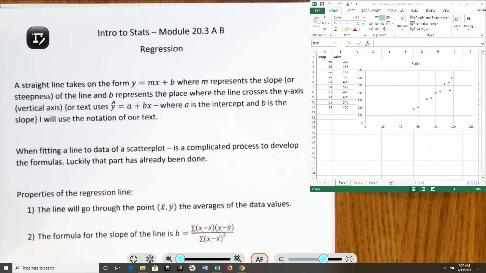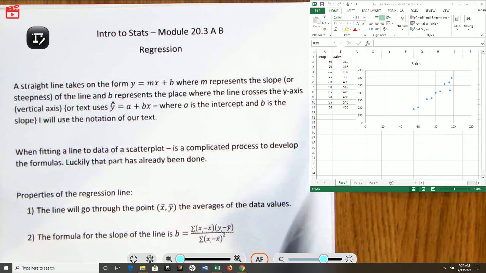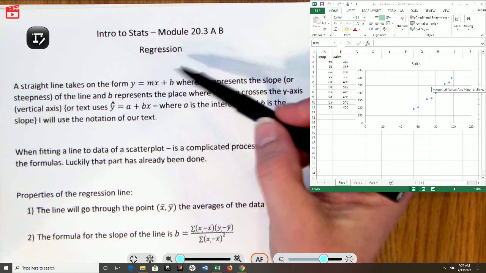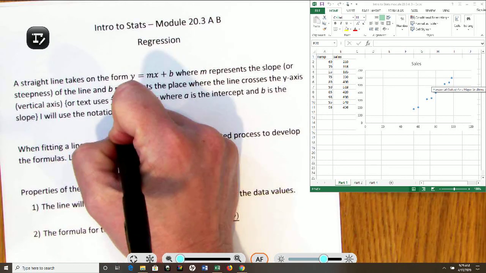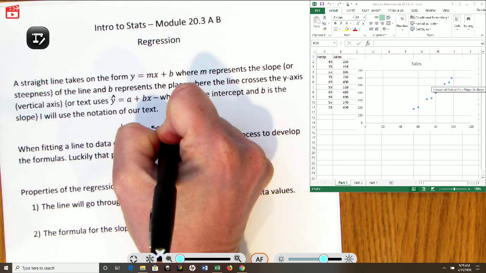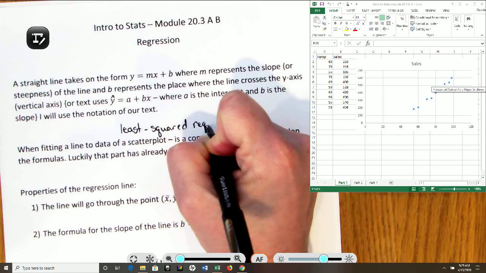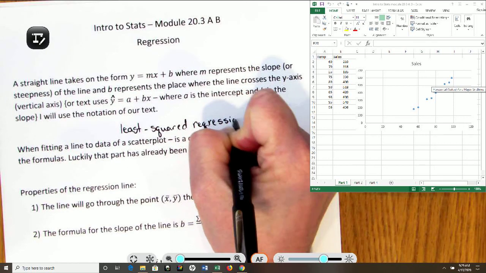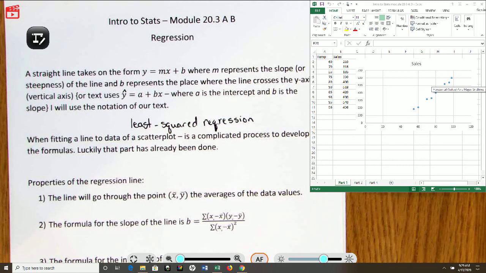We're going to be using Excel to do most of our work. What it's doing is fitting the best fit line through the data. That process is called regression, or some people call it least squares regression. It makes it sound really difficult, but actually the work's been done for us.